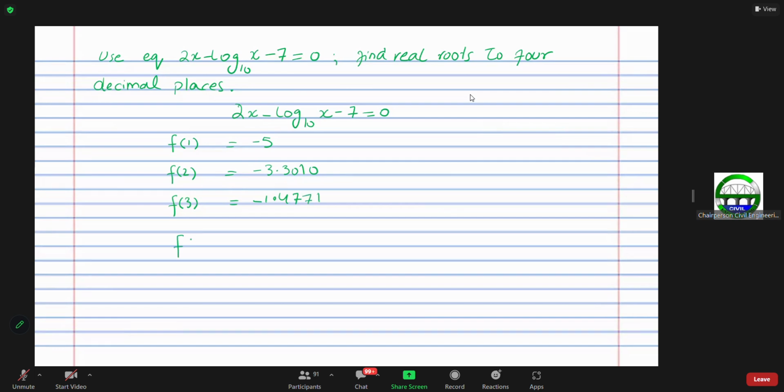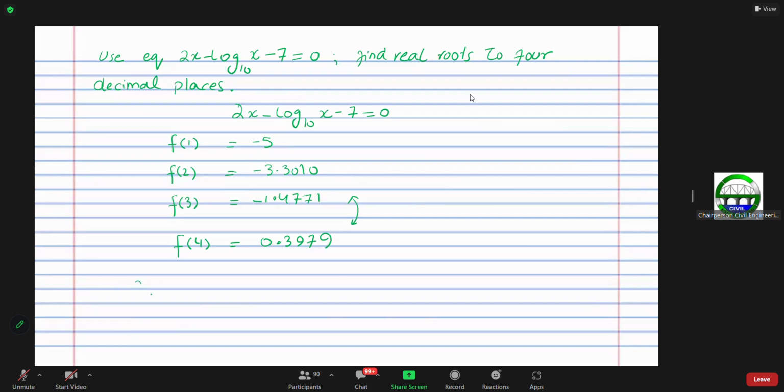Find f of 4 as well. Okay, f of 4 is 0.3979. So your real root will lie between 3 and 4, right? Because it is negative, and it is positive.